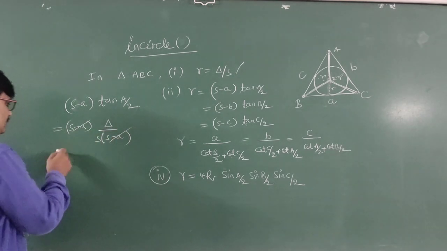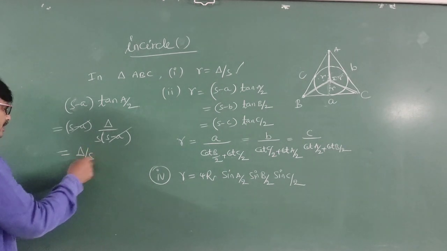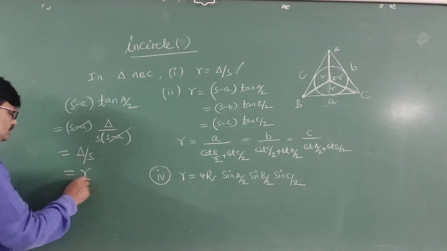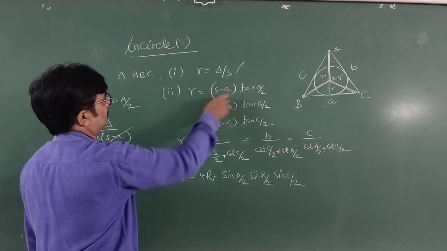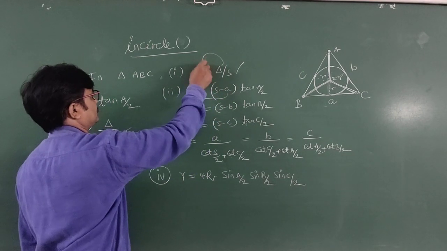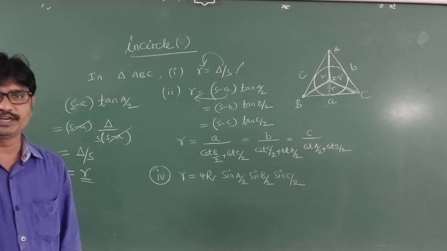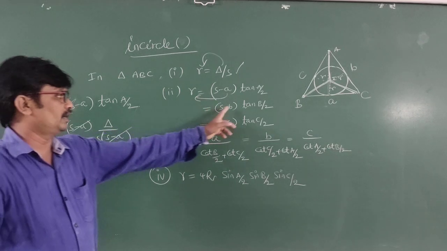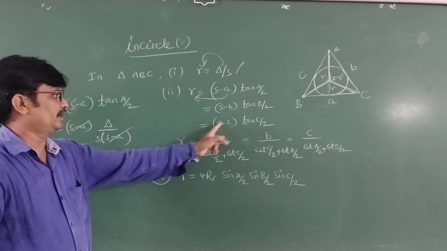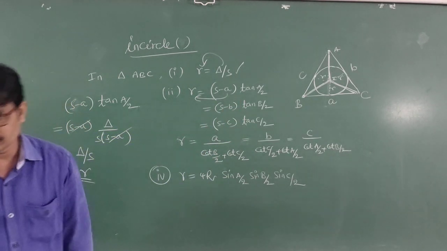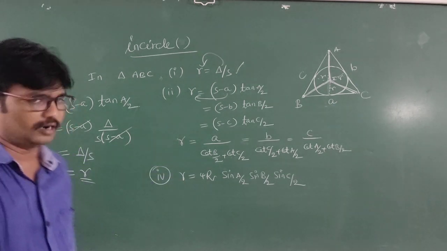The s minus a is cancelled, leaving delta by s. Just now we found this is small r. So delta by s is the small r. Similarly, we can prove small r is (s minus b) tan B by 2, (s minus c) tan C by 2.